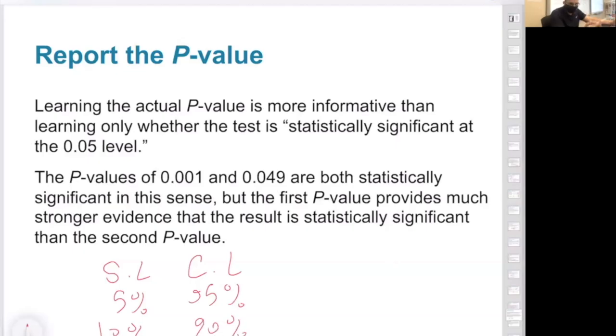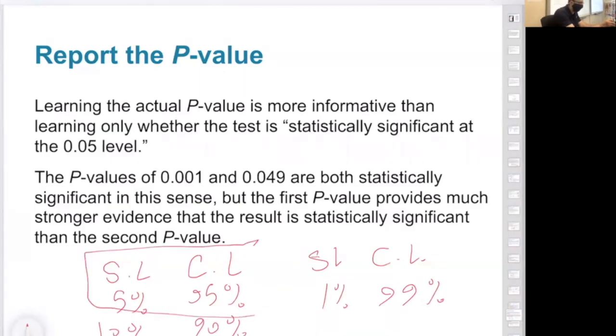Same thing, if you have significance level 1%, that means you have confidence level 99%. And usually when we construct the confidence interval, we use what? 95%. So we use significance level 5%, as you can see. But it's so important to say it's statistically significant at, and then the significance level we use for the test. Okay?